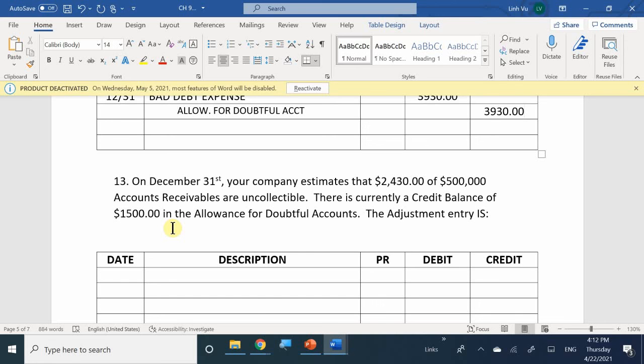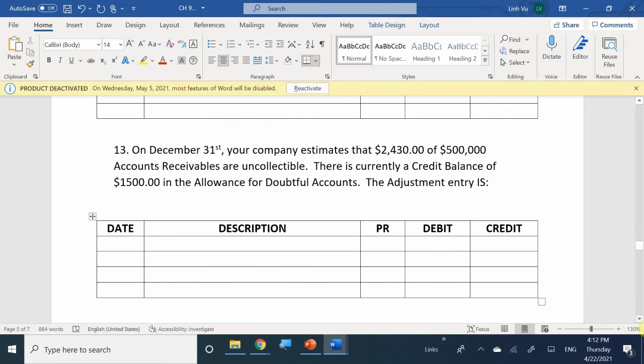The adjustment entry should be what? So you're going to debit 1,330 to the bad debt expense and credit the allowance for doubtful accounts? I mean, wait a minute. No. You're right. Allowance for doubtful accounts.